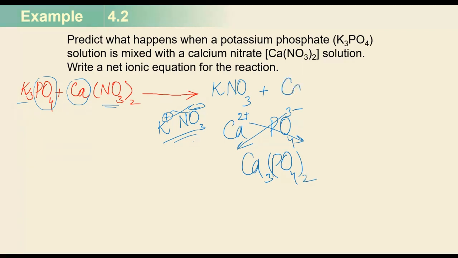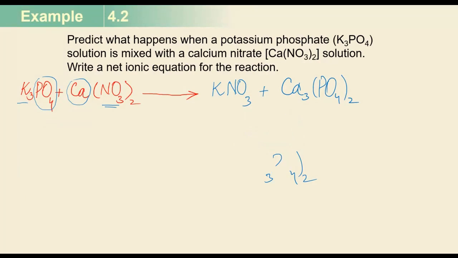Very good. So Ca3(PO4)2. This is your correct formula. So be careful for writing the correct formula. Don't write KNO3 twice. You have completed your equation. Your first step is complete.